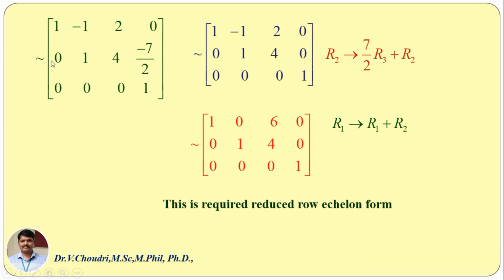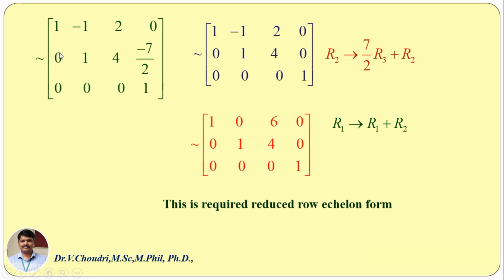Multiply R3 by 7 by 2 and add with R2, it comes 0. See, 0, 0, 0, 1, that is 7 by 2, and adding this it comes 0. 0, 1, 4, and minus 7 by 2 plus 7 by 2, answer 0. The other entry is already 0, so we need not apply the elementary row transformation.